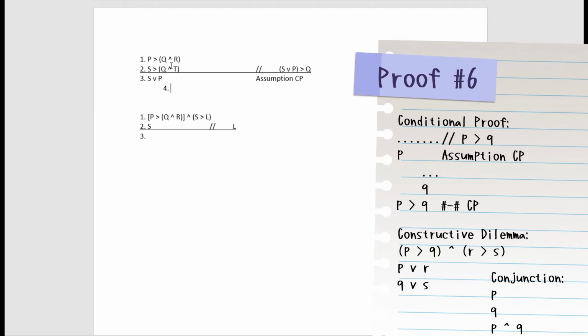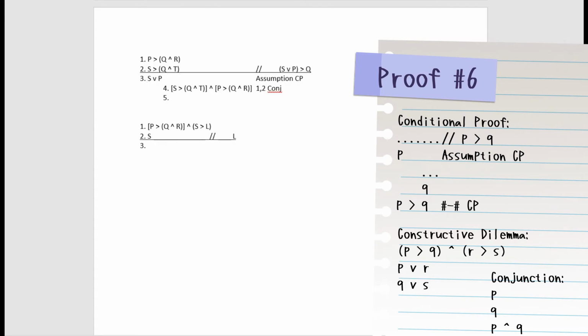Why would we want that? Because then we could reduce these two to get Q out of that. It sounds crazy, I know, but you'll see what I'm talking about. So we're going to conjoin those two together. We're going to start with S because it's on this side. So that's the one we need to start with.